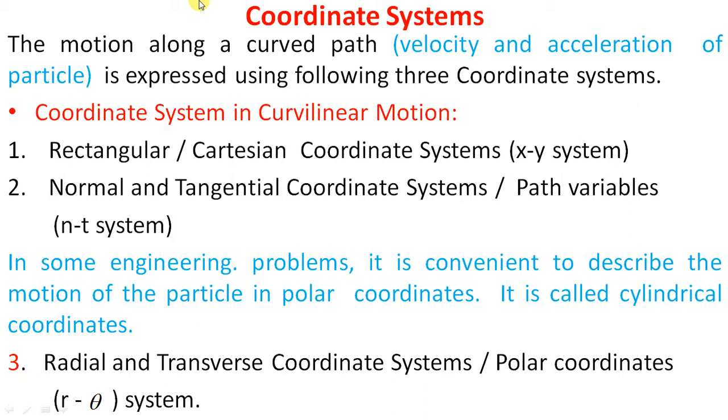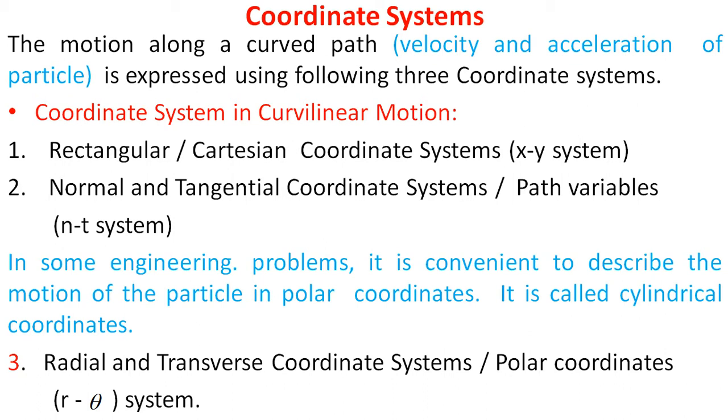The motion along a curved path, that is velocity and acceleration of the particle, is expressed using the following three coordinate systems. First one is the Cartesian coordinate system, that is the XY coordinate system. Then the normal and tangential coordinate system, another name for which is the path system.